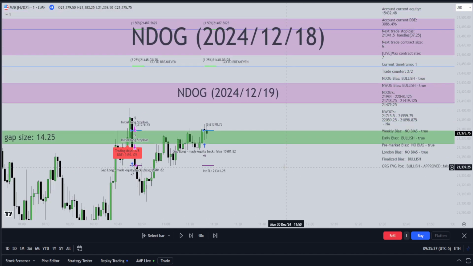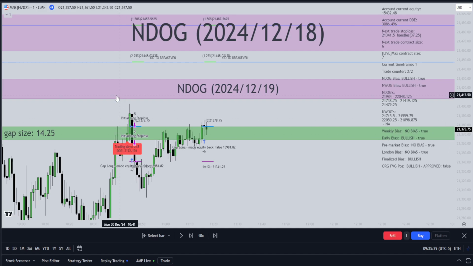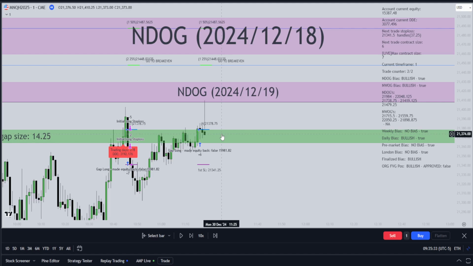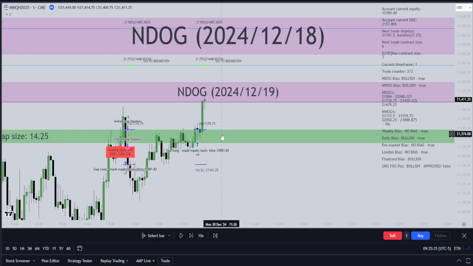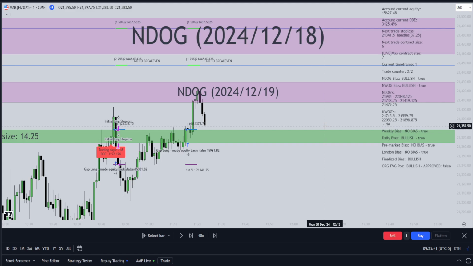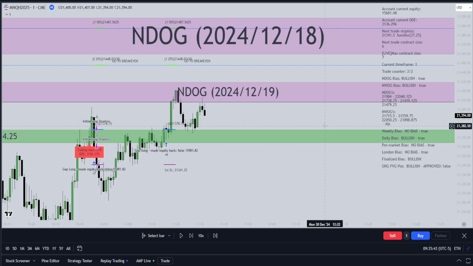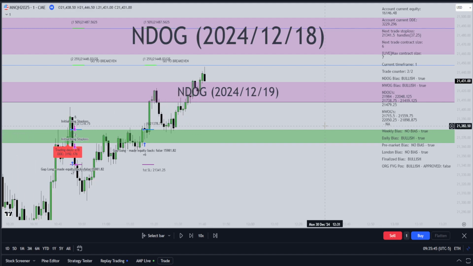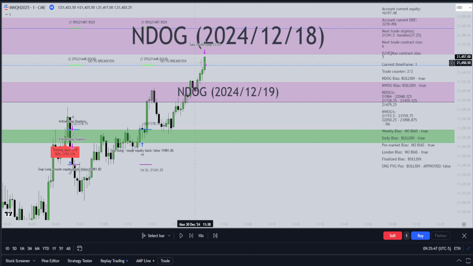So the first trade I had a loss of minus 528. We re-entered, and we can see that we can always trust the higher time frame bias, because we immediately leave and very quickly we move to our first profit to break even. So we had our first take profit at 12.5% of the opening range gap.